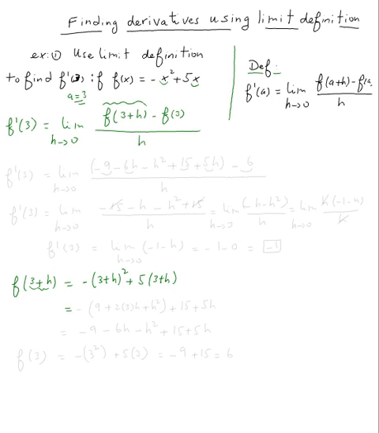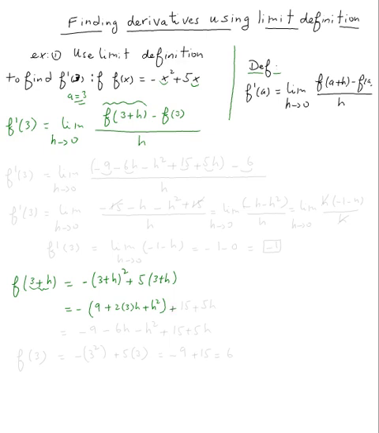So if we FOIL (3 plus h) squared, we can use the identity (a plus b) squared, so it's 3 squared, which is 9, plus 2 times 3 times h plus h squared. So it's always going to be first term squared plus 2 times first term times second term plus second term squared.